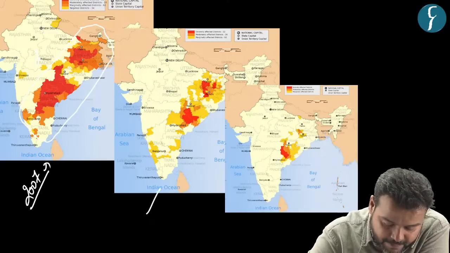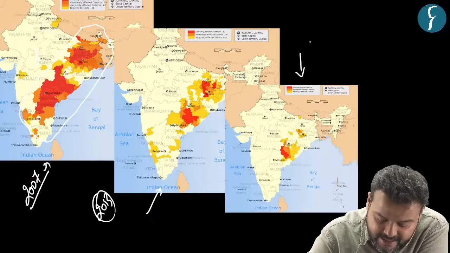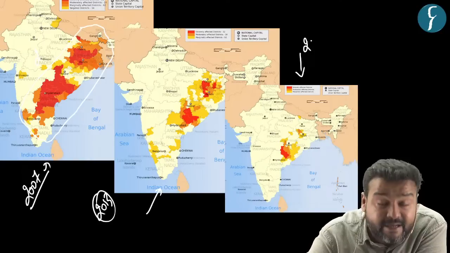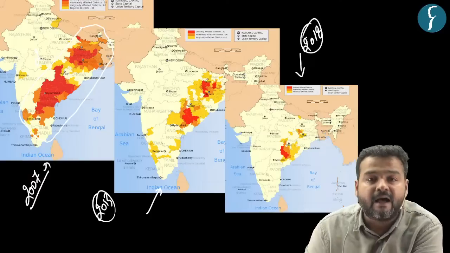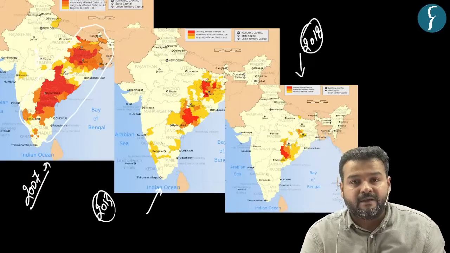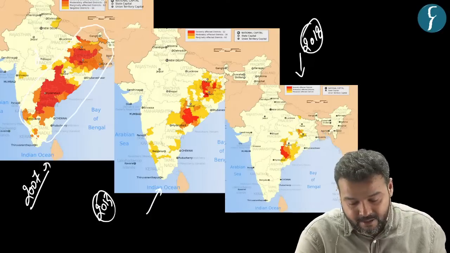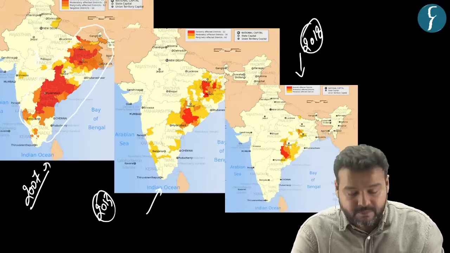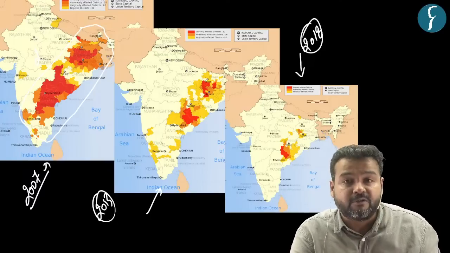Now this map is 2013, and lastly it is the latest map of 2018. Now see how they are shrinking. And yes, the government approach and strategies should be credited with their effort, the security forces and all.